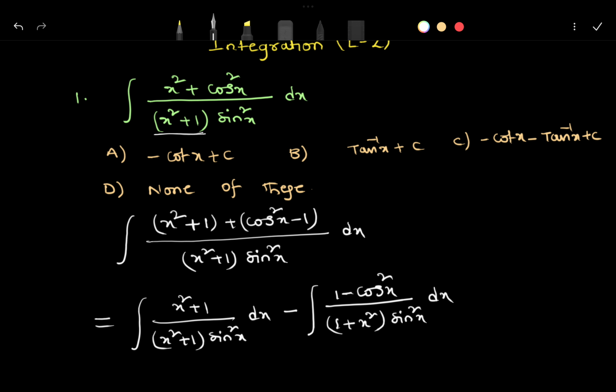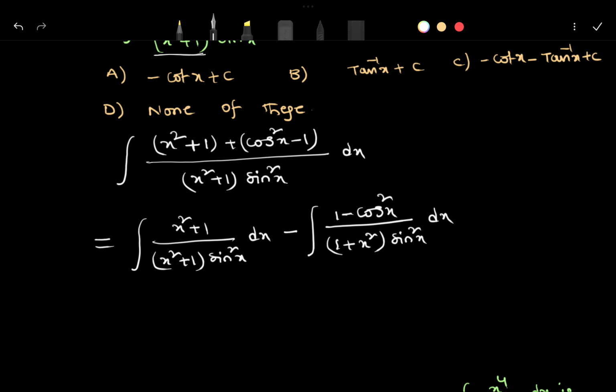I hope everyone is clear on this splitting. Now 1 minus cos square x is nothing but sin square x.